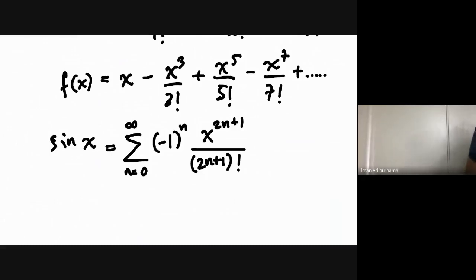Any questions? I hope you can familiarize yourself with the sum formula. Basically, this is the odd number, right? Because we are having 1, 3, 5, 7, and then alternate sign, right? Positive, negative, positive, negative.